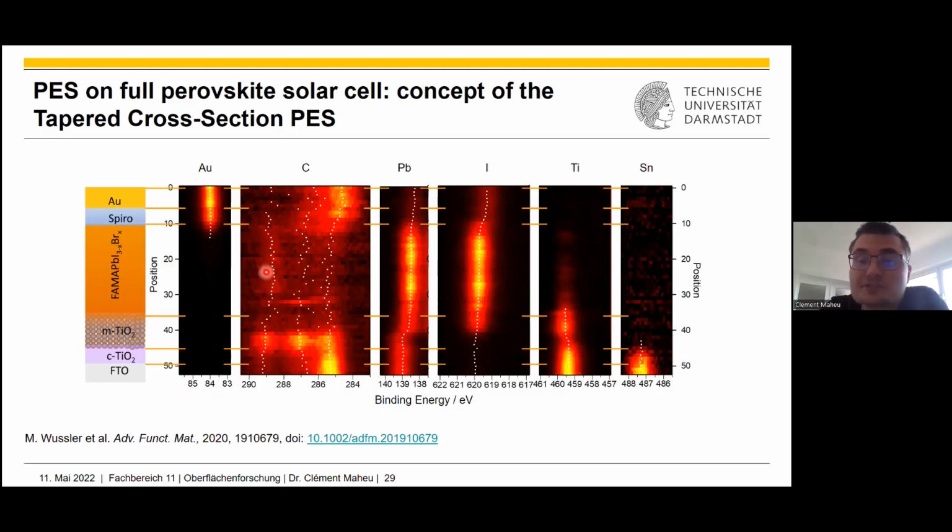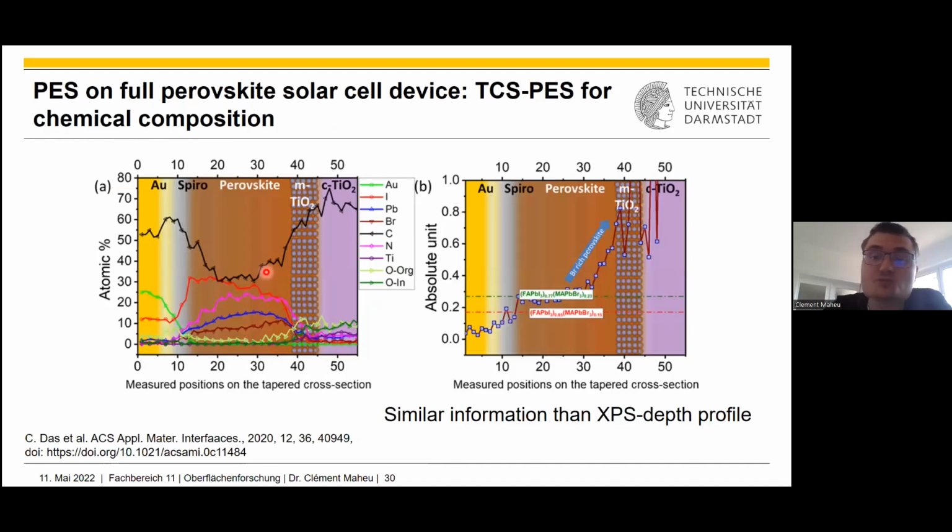And because you have these spectra, you can then do normal or standard data treatment, and you can extract some semi-quantitative information out of this measurement. So you can probe, for instance, the atomic concentration across your positions, and you can see again, you have gold at the beginning, it disappears. You have a rising iodine and lead, and you can also do some stoichiometry.